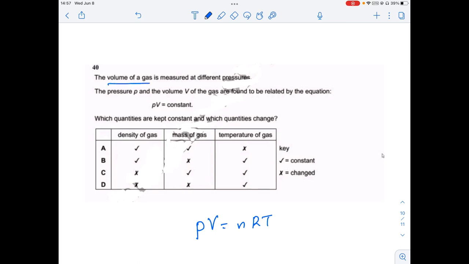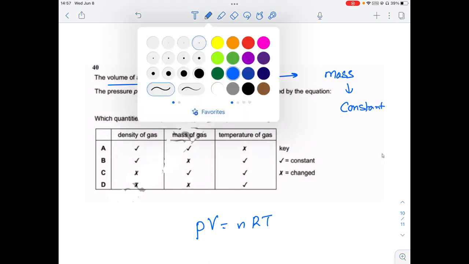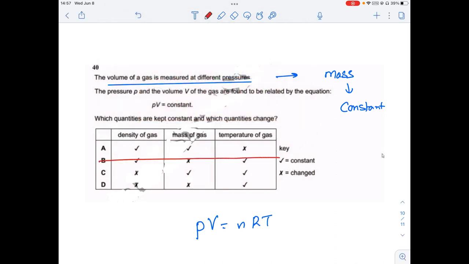We have seen that the volume and pressure are being measured, and nothing is mentioned about mass, so obviously mass is kept constant. In options B and D, it says that mass is changed, so options B and D are wrong.